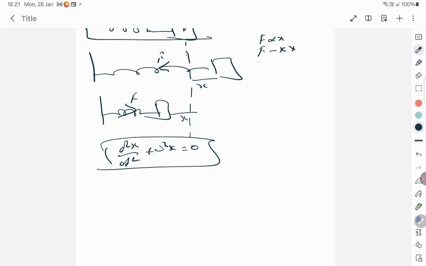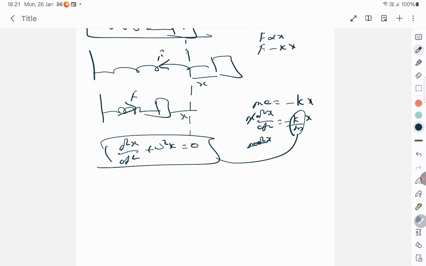All that you've learned previously you can always write. And mass into acceleration is equal to minus k into x. M into d square x by dt square is equal to minus k into x. Take it to the other side, you get d square x by dt square plus k by m into x equal to 0, and k by m is omega square, and hence you get this equation which you already know. Just write the differential equation.